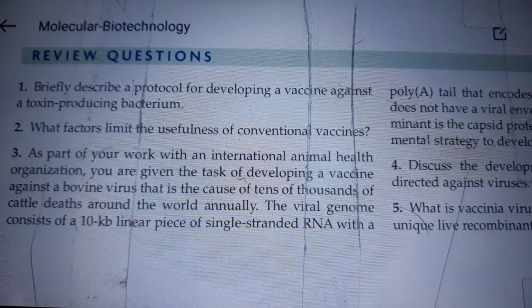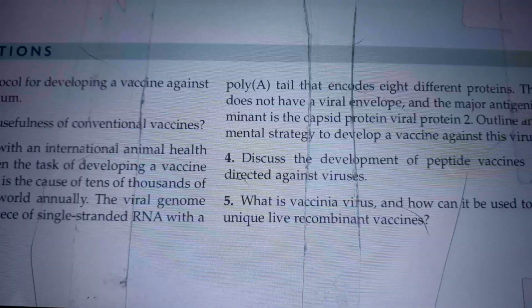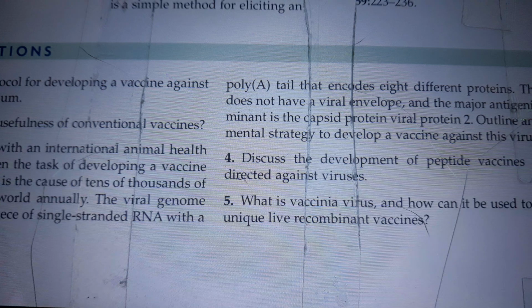The viral genome consists of a 10 kb linear piece of single-stranded RNA with a poly A tail that encodes 8 different proteins. The virus does not have a viral envelope, and the major antigenic determinant is the capsid protein. Outline an experimental strategy to develop a vaccine against this virus.